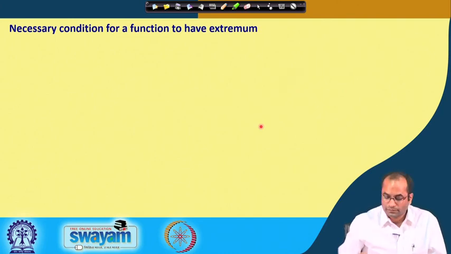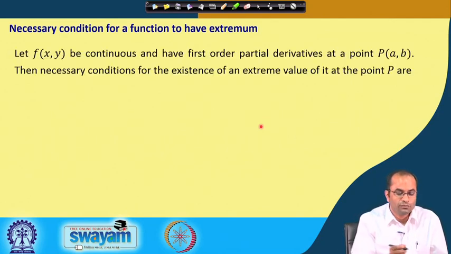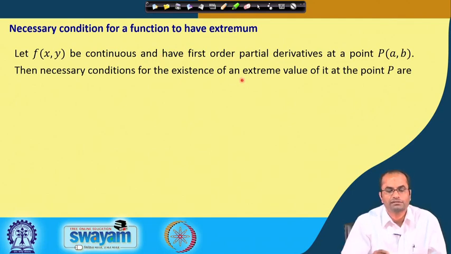And then we come to the necessary conditions for a function to have an extremum. So, what are these conditions? Let f(x, y) be continuous and have partial derivatives at a point (a, b).